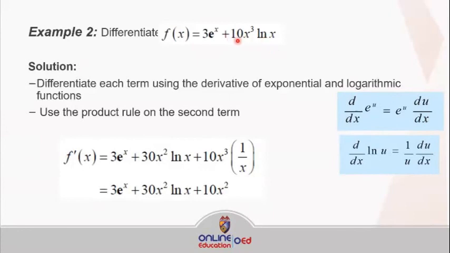This problem also applies the product rule because we are multiplying: 10x raised to 3 is different from ln x. For the product rule, we need to know u and v.